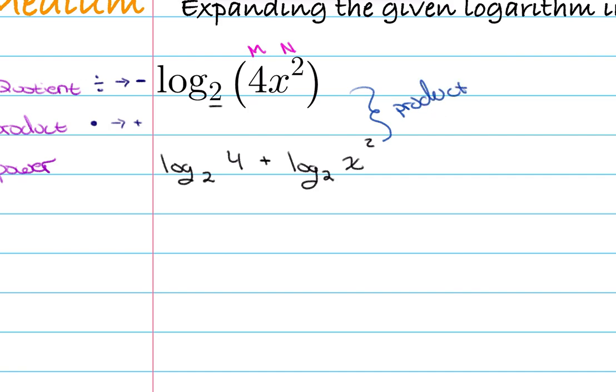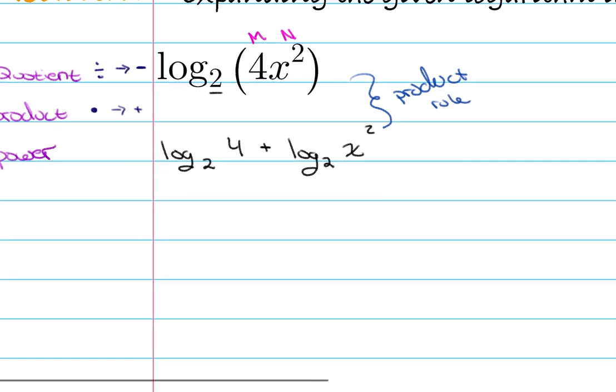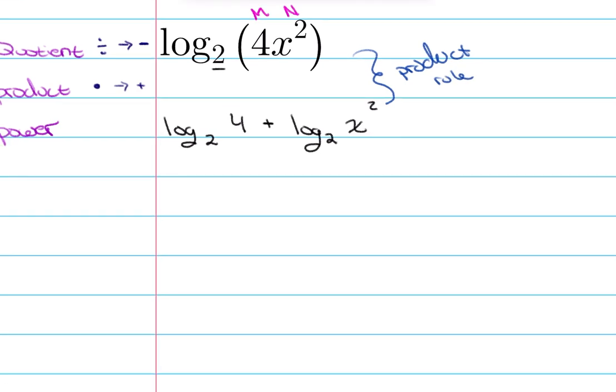Then what I'm going to do is I'm going to see if I can use my power rule anywhere, right? Order of operations. We did quotient, there wasn't any. We did the product rule, now we're going to look for power, okay? Power goes from an exponent to being multiplication, okay? So I see that there is a power right here, okay? There are no powers in this first one, so I'm going to just copy this first piece down, not changing it at all, right?